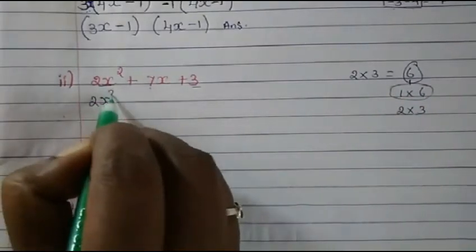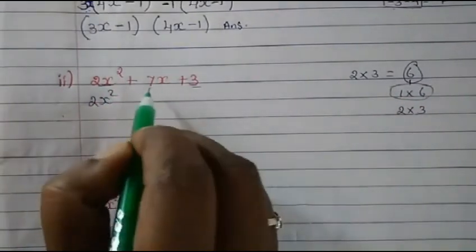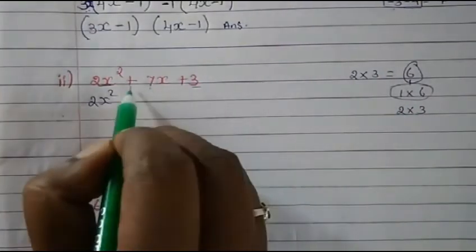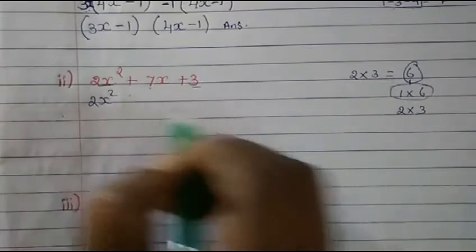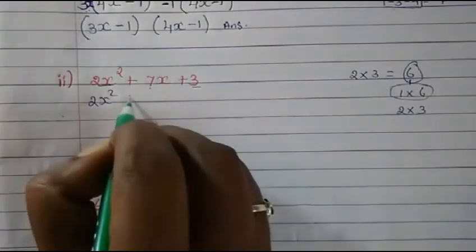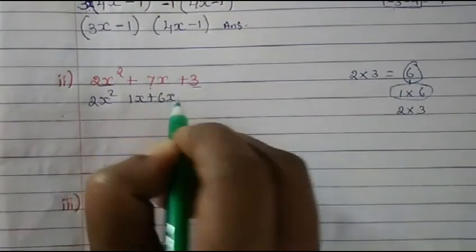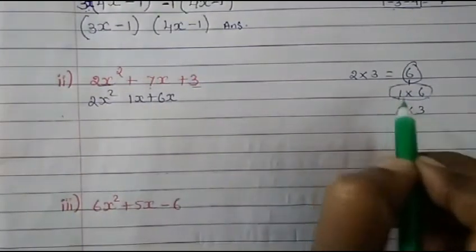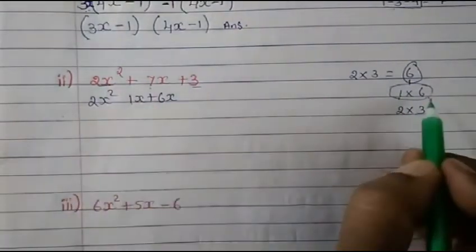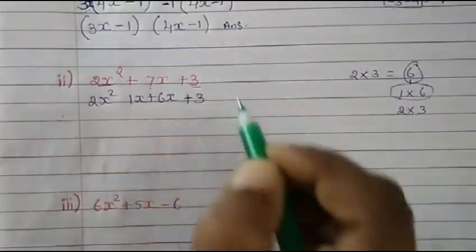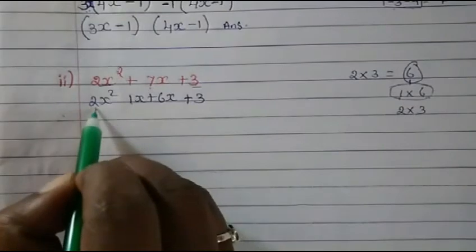So 2x square, now plus it is. So 1 plus 6 we are getting 7, and plus here. So no problem. That means this can be written as 1x plus 6x because we have taken this number. So 1 we write down 1x, then 6 we write down 6x because x is there. Now take the pair.